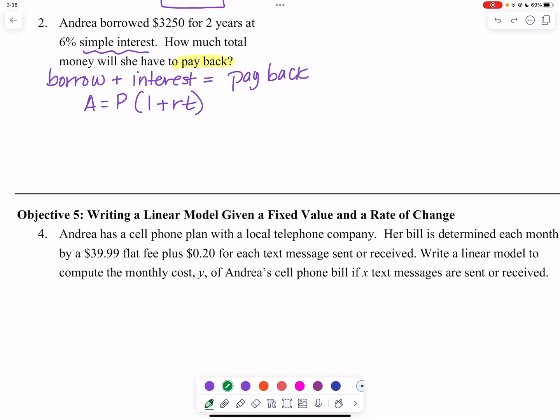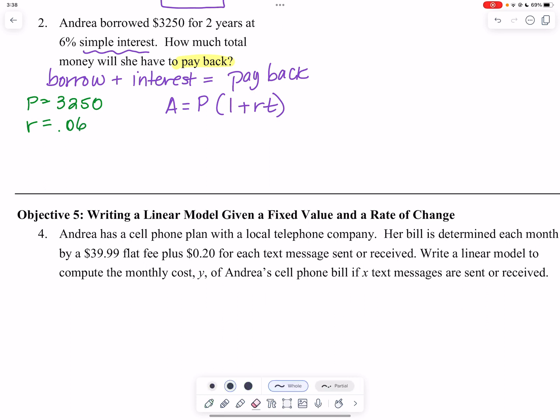So looking at what we have been given, let me move that over there. We have been given that the principal amount is $32.50. The rate is 0.06 and time is 2 years. So with that, we will plug that in and have the amount is $32.50 multiplied by 1 plus 0.06 multiplied by 2.